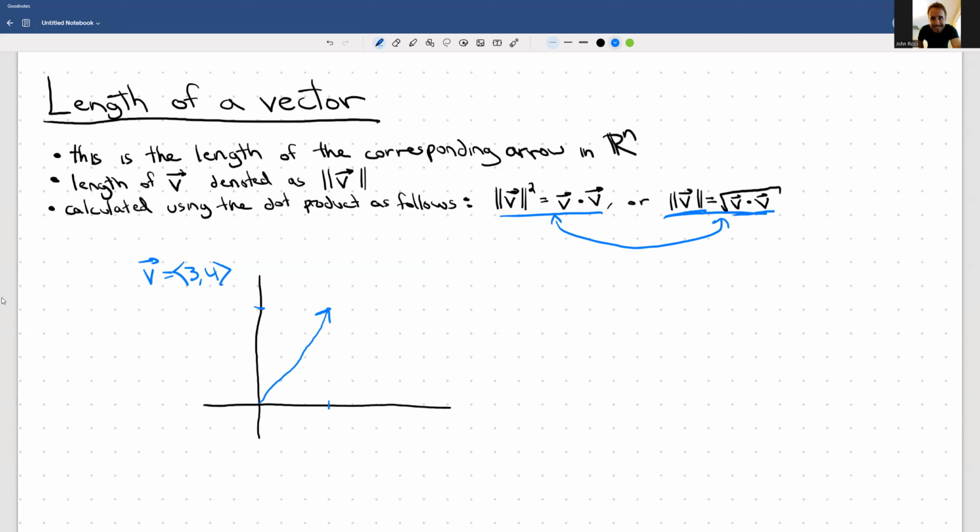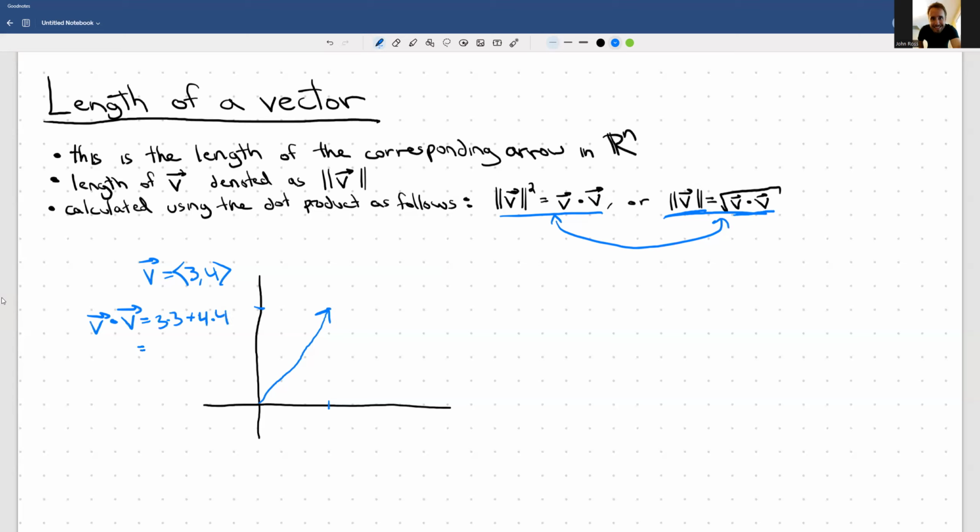So to calculate the length of the vector (3, 4), we're going to need to take the square root of v dotted with itself. And so that means we'll have to take v dotted with itself first. That's (3, 4) dotted with (3, 4). Using our work from above, that's just going to be 3 times 3, the first component times itself, plus the second component times itself.